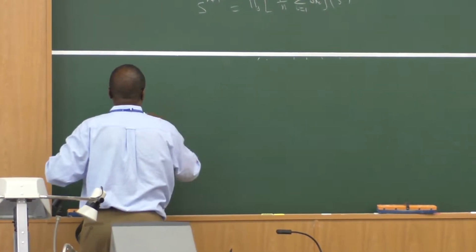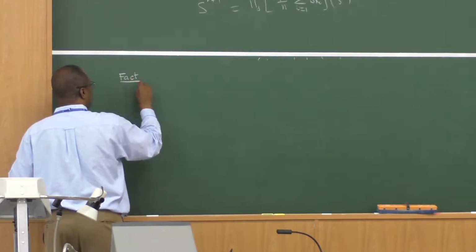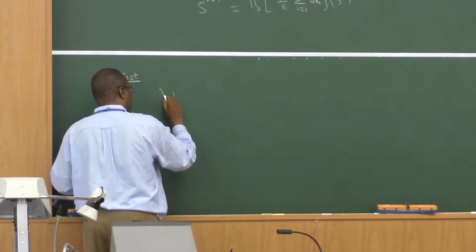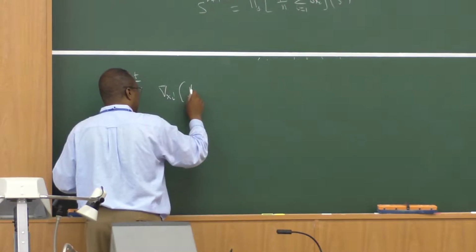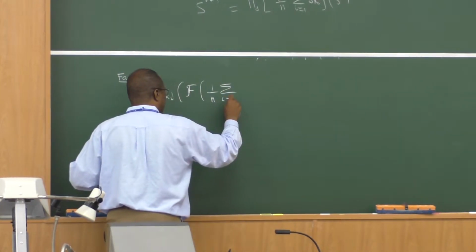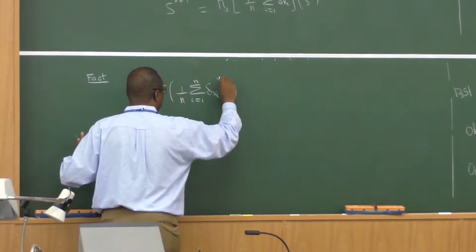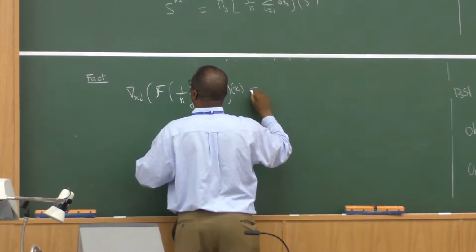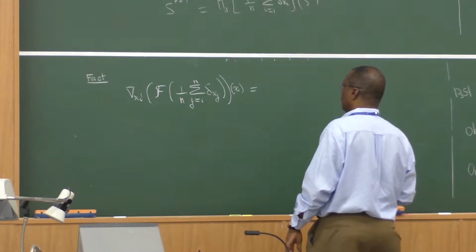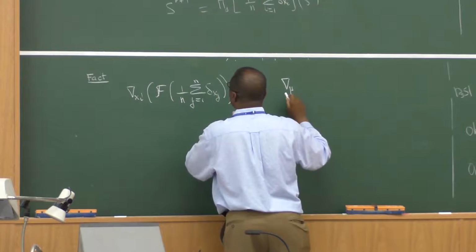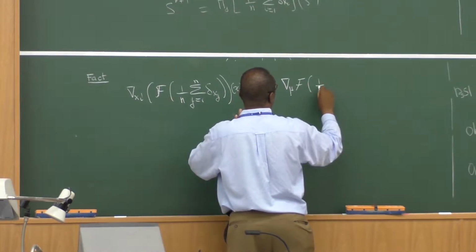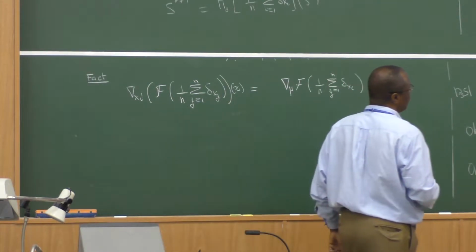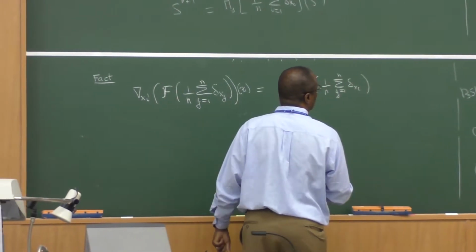Fact: if I take any arbitrary smooth function and I write the gradient with respect to S_i of a function f at 1 over n, sum i from 1 to n, delta S_i, what you get is the Wasserstein gradient of f at 1 over n, sum i from 1 to n, delta S_i, with a coefficient 1 over n.